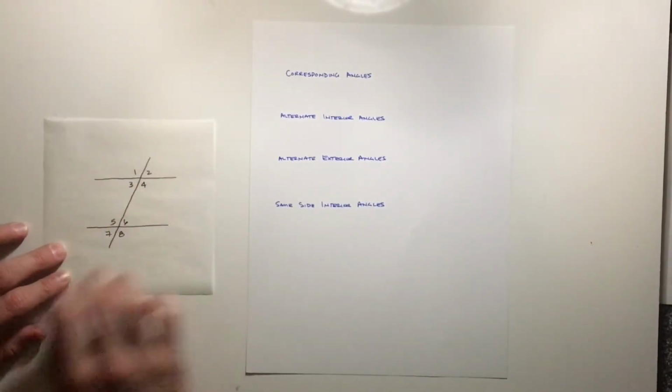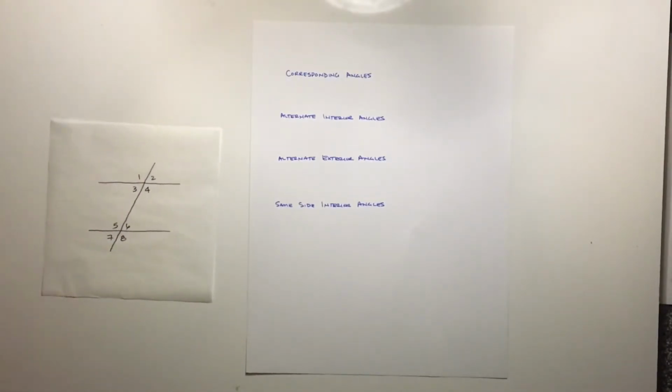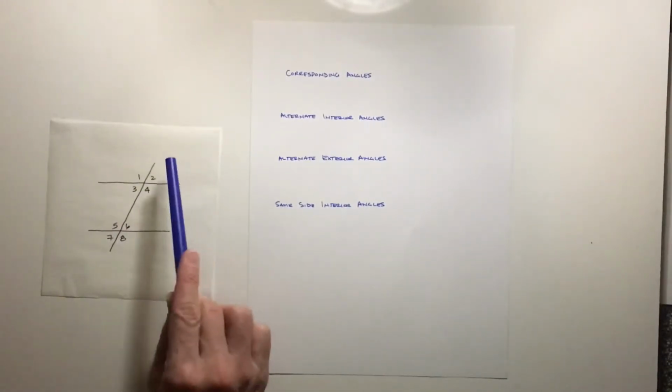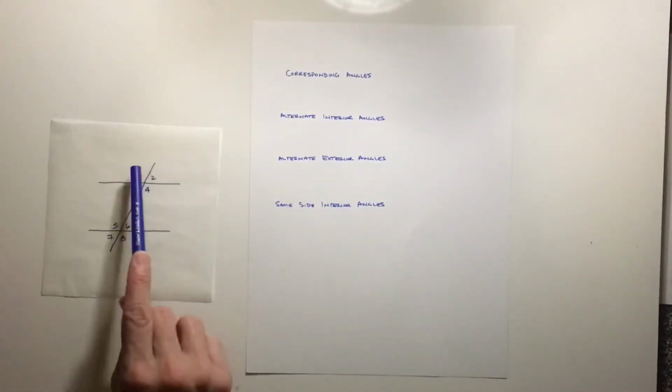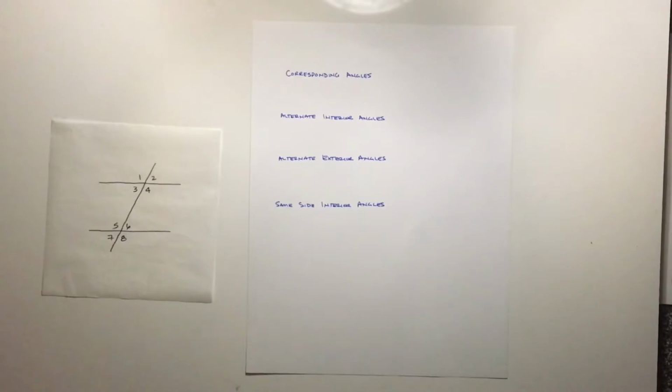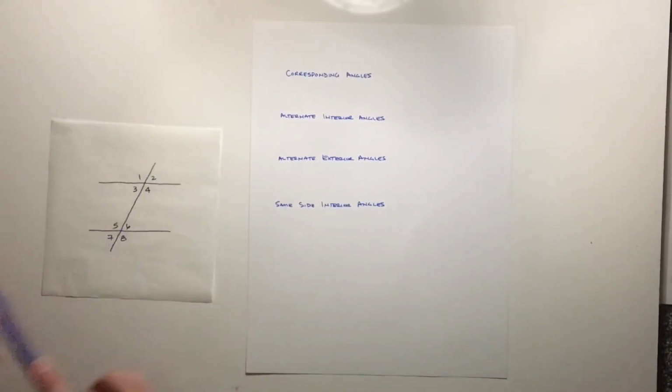Angles 3 and 7, and 4 and 8, are corresponding angles. An easy way to think of this is to relate it to a coordinate plane: first quadrant, second quadrant, third quadrant, fourth quadrant, and again first, second, third, fourth. Angles 2 and 6 would be in that same quadrant, so those angles would be corresponding. Very easy, straightforward naming in math.